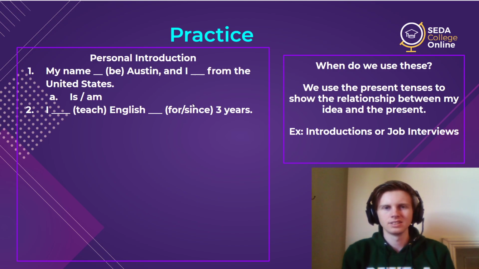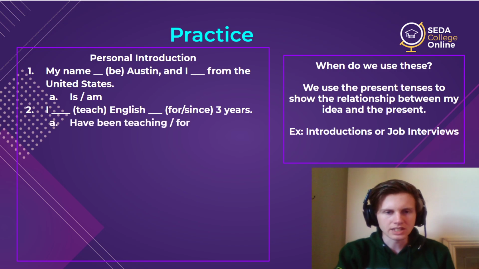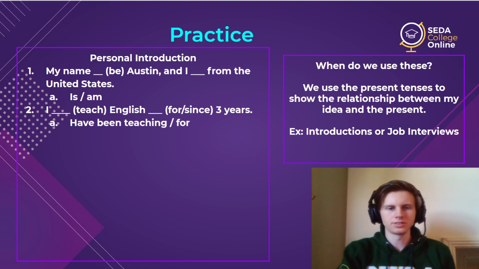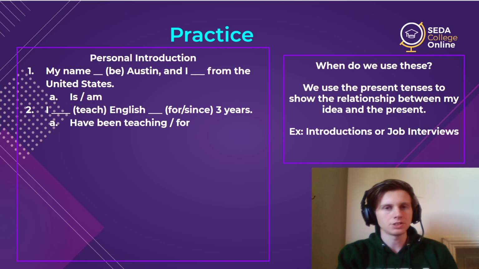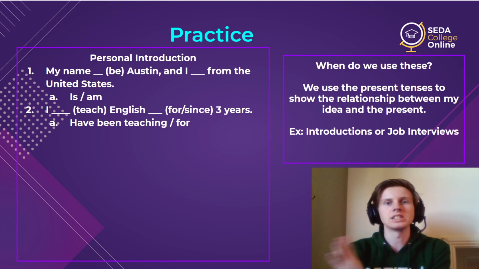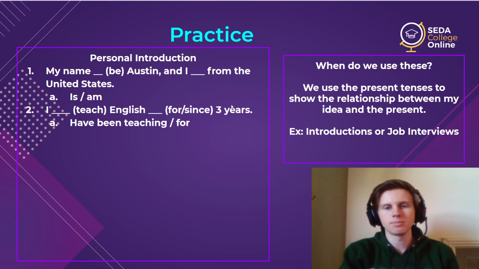All right, the correct answer is I have been teaching for 3 years. So now I use the present perfect continuous because I've got that idea that this is my job now. I started it in the past and I will continue it into the future. And I have done it for this amount of time, for 3 years.